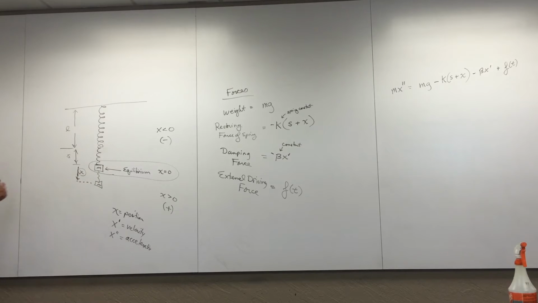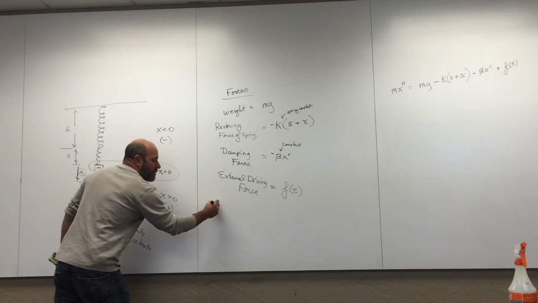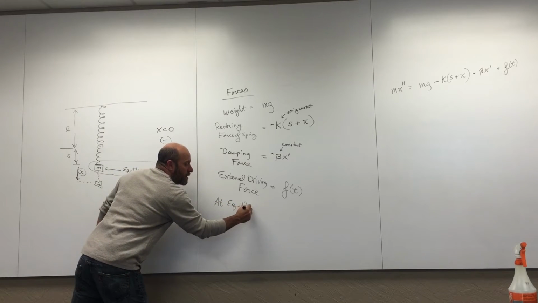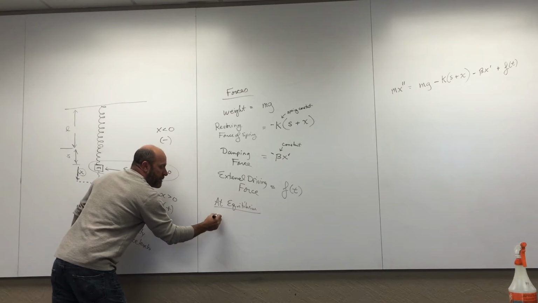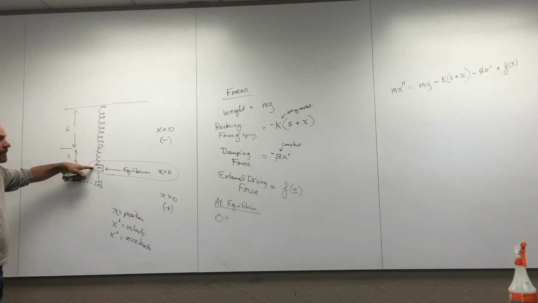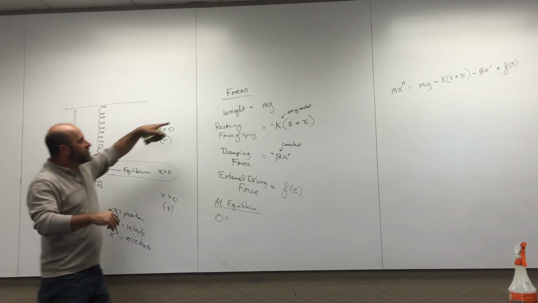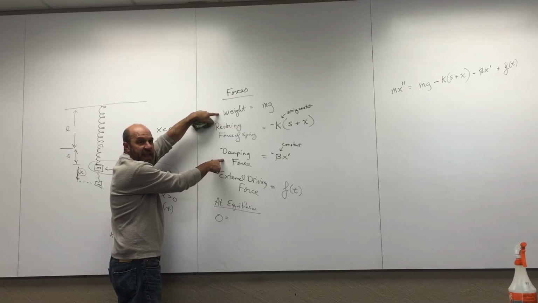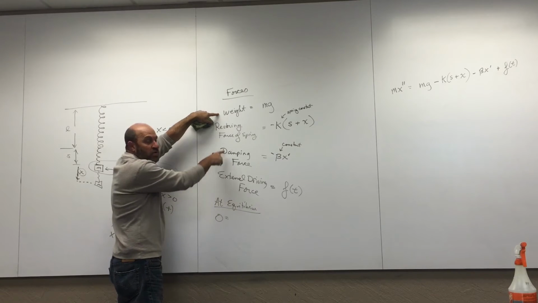So if I analyze the forces at equilibrium, I come up with this idea. At equilibrium, the sum of the forces is zero. Now, what forces are happening at equilibrium? The weight and restoring. Oh, just the weight. We're not moving, so we don't have any damping force. We don't have any of this. We're just hanging there.